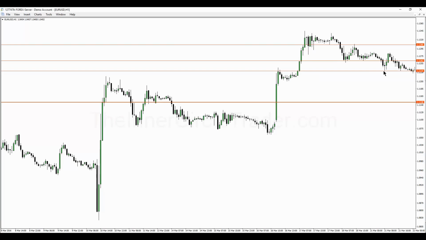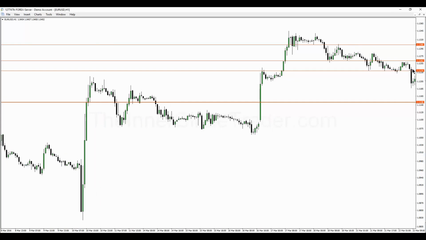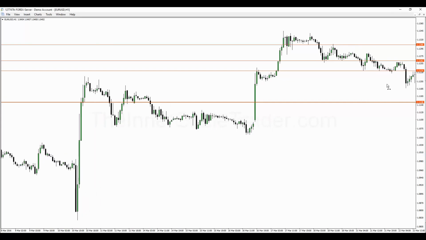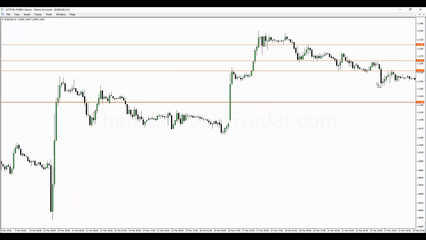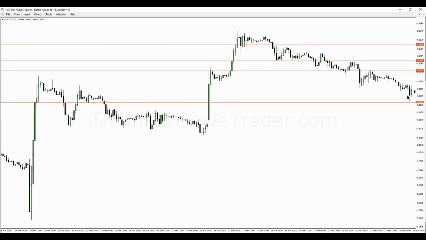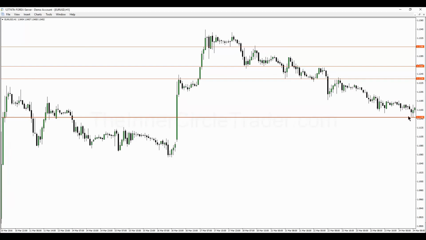Every rally that sees lower prices needs to be mitigated right here. If we trade back up to that low, that's a sell. We're going to be aiming for a move back below this low, ultimately down into the equilibrium of our liquidity void right here.